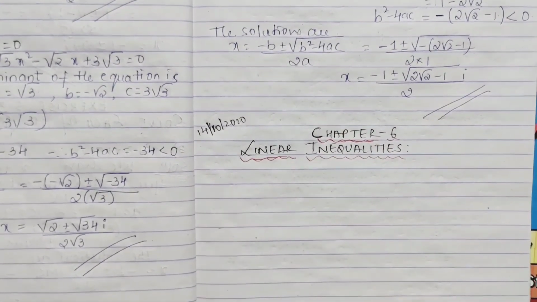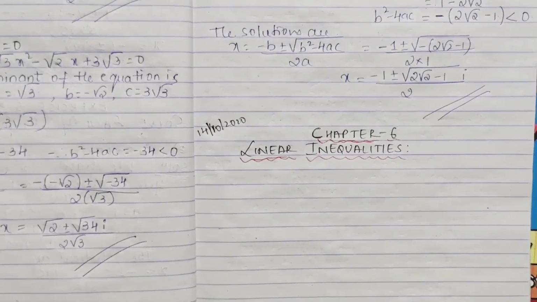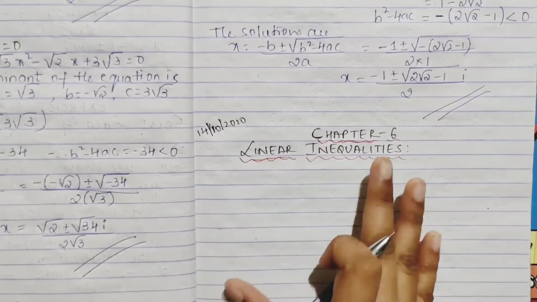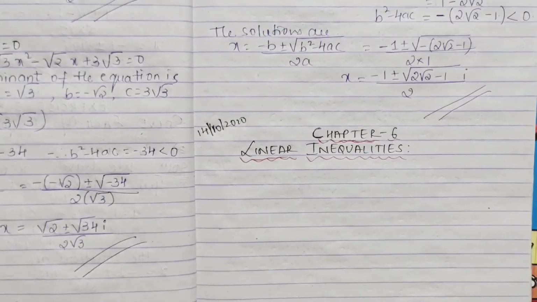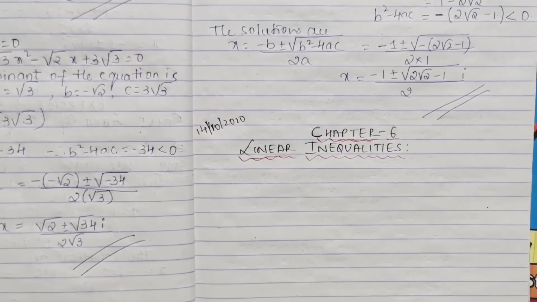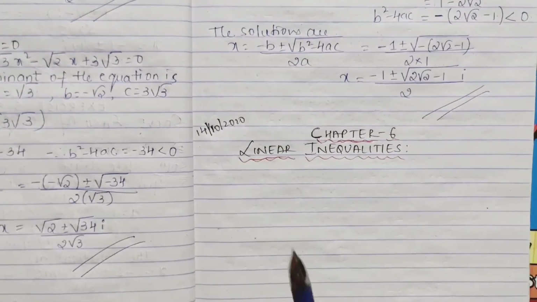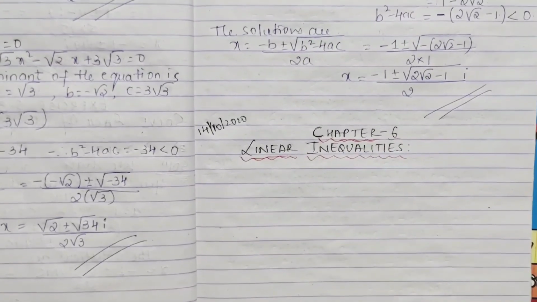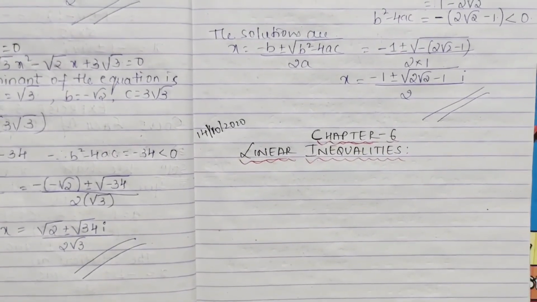Some chapters there will use it. So if you study linear inequalities well, it is very good for you. From an exam point of view, it is a very important chapter, and otherwise also it is very important. Okay, so let's see what it is.